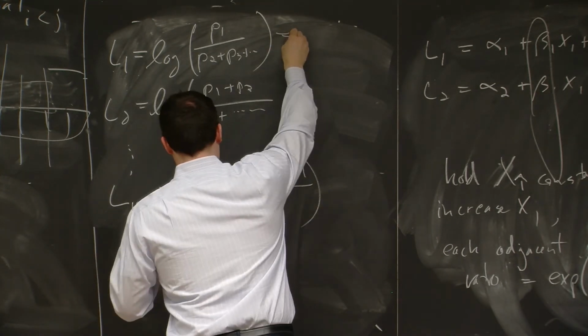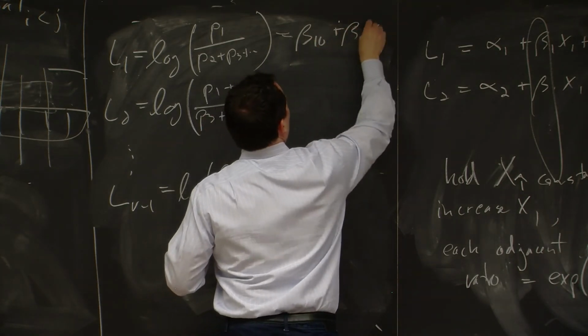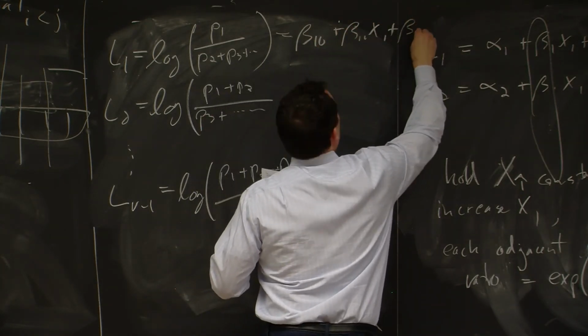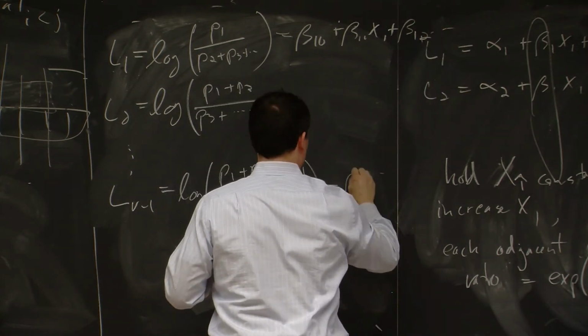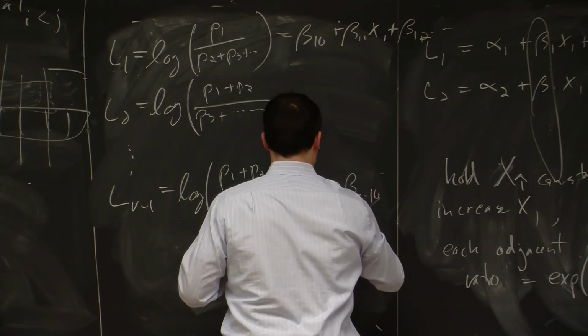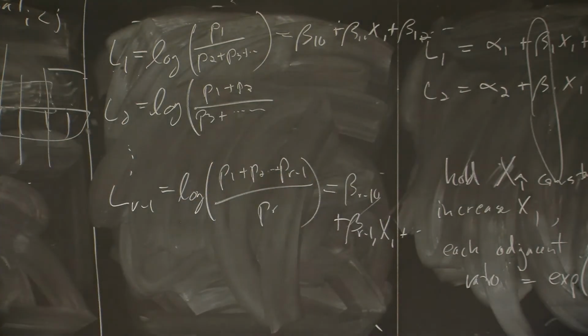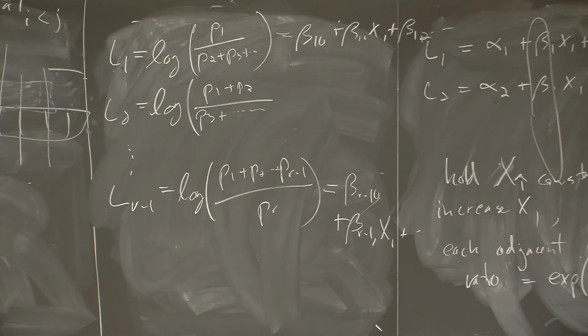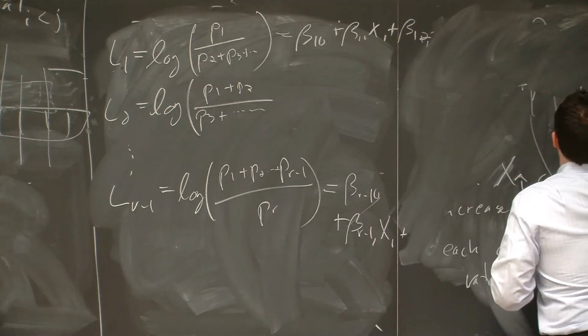Then we set each of these equal to something linear: beta 1,0 plus beta 1,1 x1 plus beta 1,2 and so on, up to beta r minus 1,0 plus beta r minus 1,1 x1, and so on. So we model each of these bipartitions of the table as its own logit. And this one is fundamentally different, it doesn't have a linear transformation into the other.